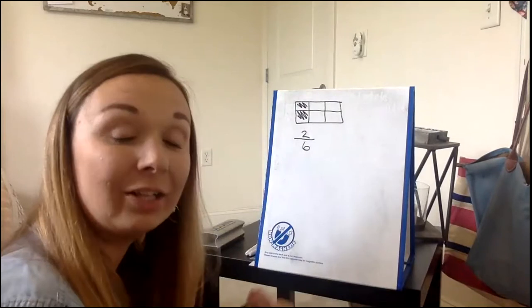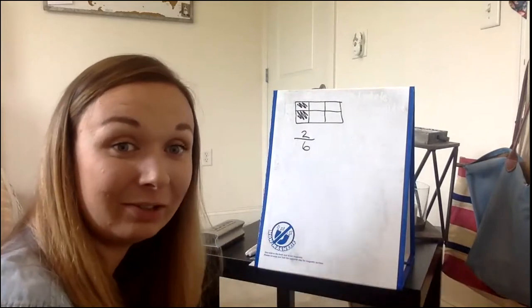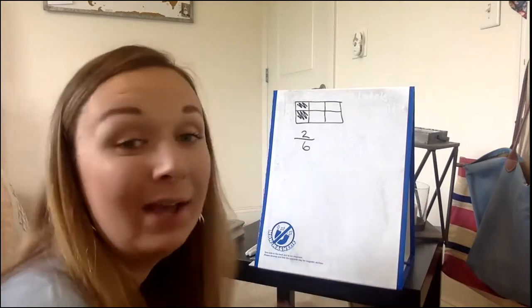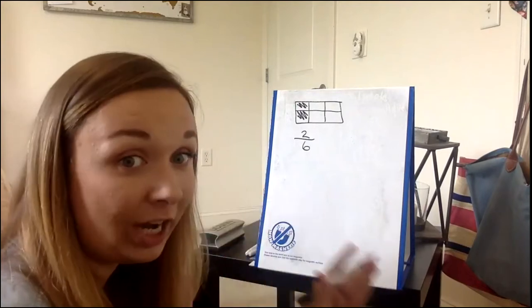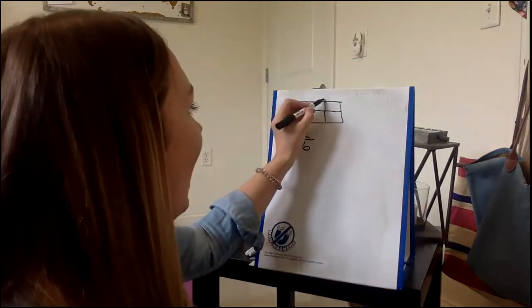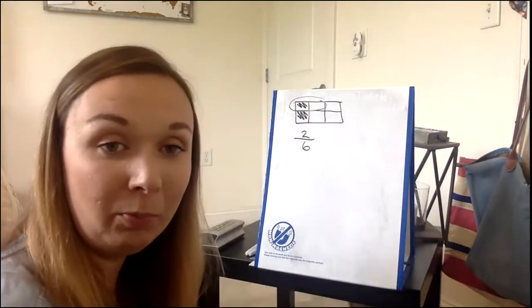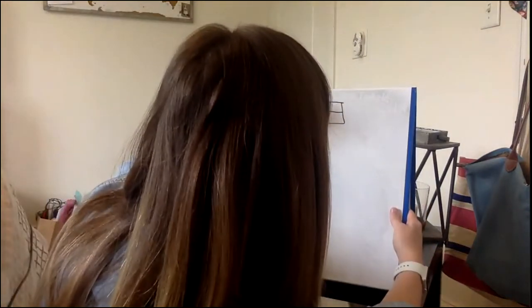But we want to make larger pieces. We want to do the opposite of what we did. Instead of making the pieces smaller, we want to see, can I group these differently so I can get larger pieces? But remember, the circles that I'm making either have to be all shaded or all empty. I cannot circle a shaded and an empty together as a group because it's not a group of the same pieces. So keep that in mind as we're working.